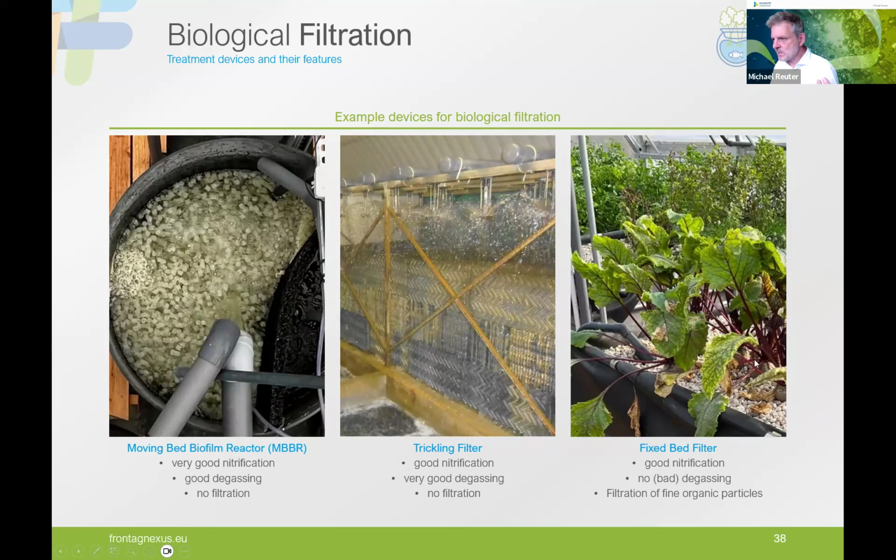And the background of this kind of filtration is that it has basically no degassing or very bad degassing, but it can also filter fine organic particles out of the system. So this is also a little bit a dual use, but the main use would be to serve as a biofilter and make at the same time plants grow, obviously, inside of our system.